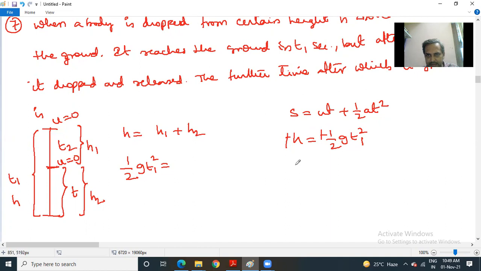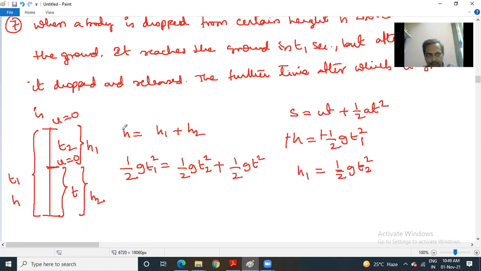Similarly, for the case of h1, to cover h1 it takes time interval T2. So therefore, h1 is equal to half g T2 square. So therefore, you can substitute here half g T2 square plus h2. h2 means you can write half g t square only.